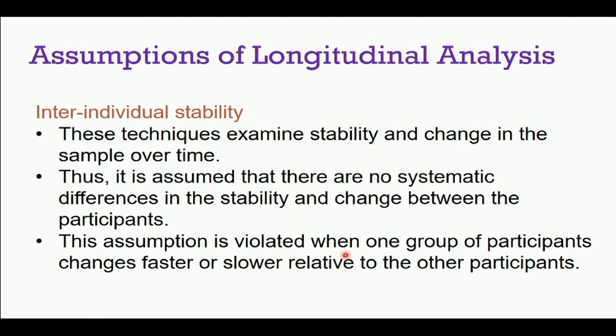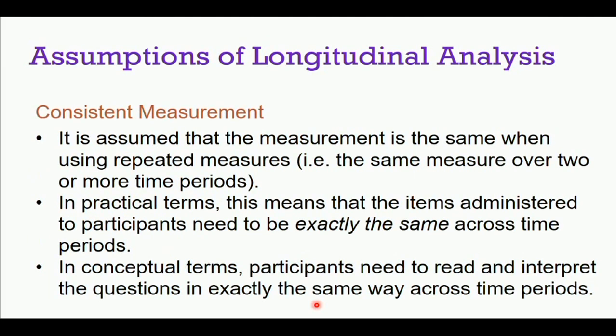That assumption is violated when one group of participants changes faster or slower relative to the other participants. You know, maybe males develop more slowly than females. Educationally, that's the case. So that assumption may not be tenable for some certain studies, depending on your research question.